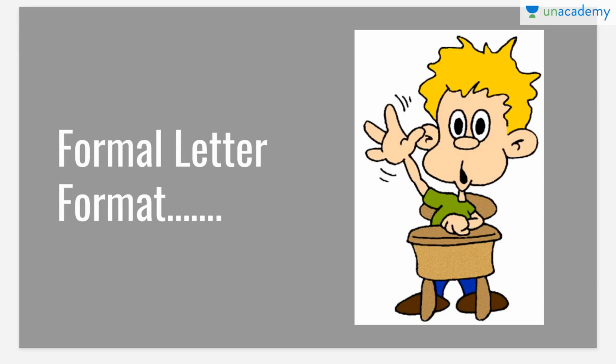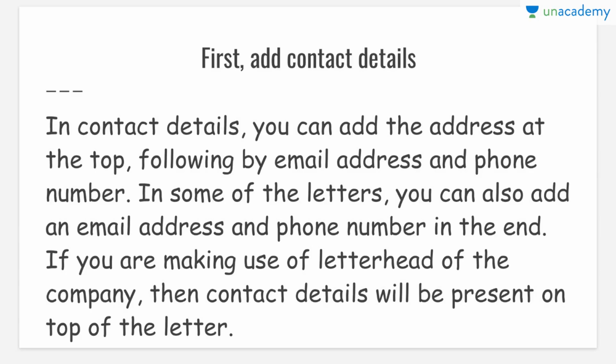Okay, so let us deal with the formal letter format. Let us deal with the basic of it. So first, add contact details. Adding your contact details is very important. Why? Because if you're writing a very formal letter, like for example you're writing to your boss for the job application, and if he finalize you, how will he contact you?